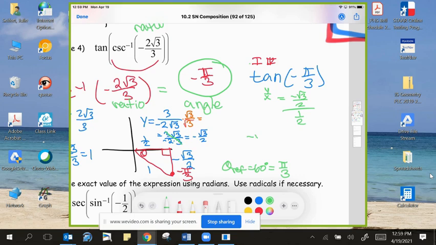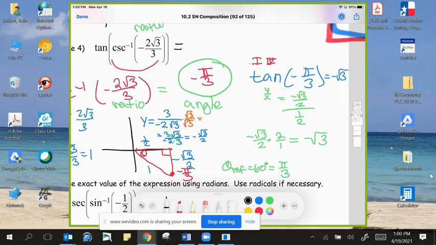Remember to divide fractions: leave the first one alone, flip that second one, multiply it. Those 2's are going to divide out. So tangent of negative pi over 3 is negative root 3.